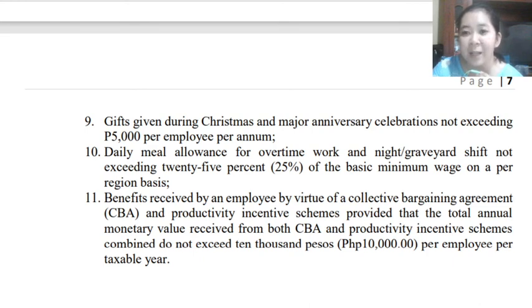Okay? And number 11, benefits received by an employee by virtue of a collective bargaining agreement and productivity incentive schemes, provided this should not exceed 10,000 per employee per taxable year. So those are the different de minimis benefits which are not subject to income tax.